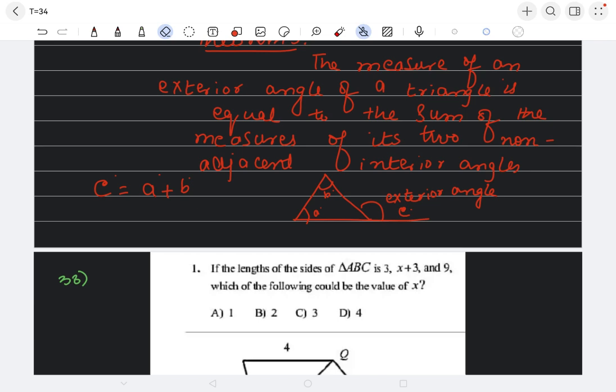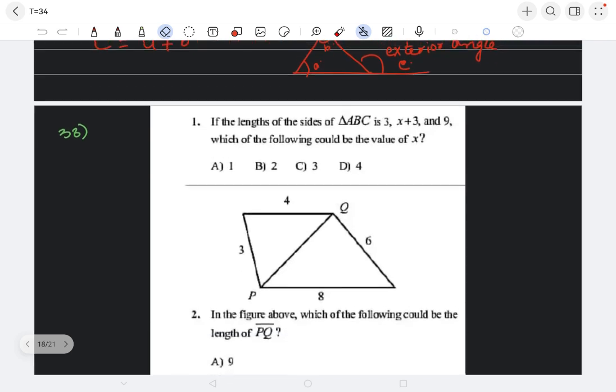Okay, first question. They are saying, if the lengths of the sides of triangle ABC, let's suppose one of the sides is 3, one of the sides is 9, and one of the sides is x plus 3. They are saying which of the following could be the value of x. Now you have to make a triangle inequality.